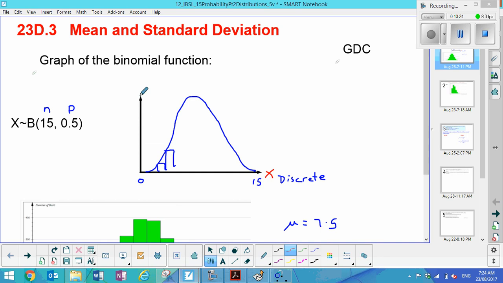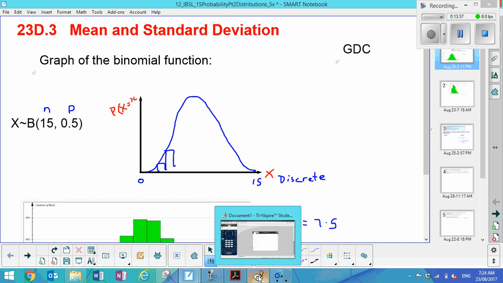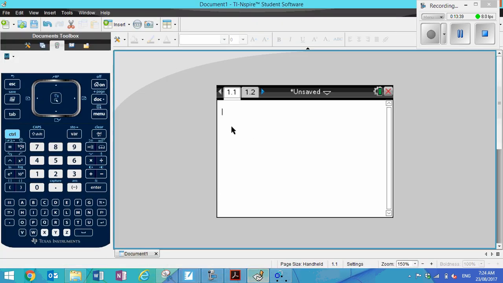So we want to put in here our binomial distribution, the probability of x equal to our different x values. So this is where you can go to your calculator, and we can do this on your calculator. So the first thing we want to do is list all the possible values that our x can be. We're going to add a page.